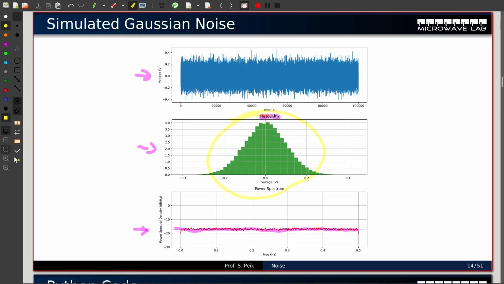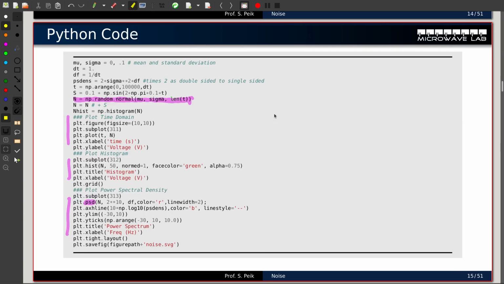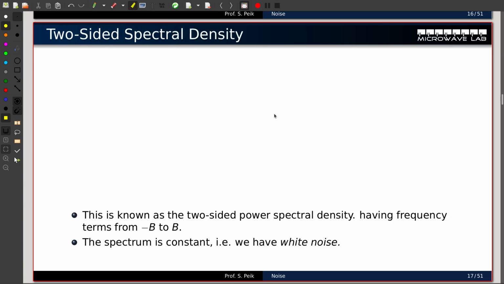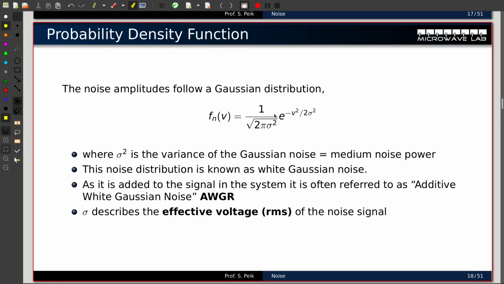Good. Let's go back once more to this guy here. We can also express the probability density function, and that's this well-known formula about Gaussian noise, the Gaussian distribution. You have most likely seen it.